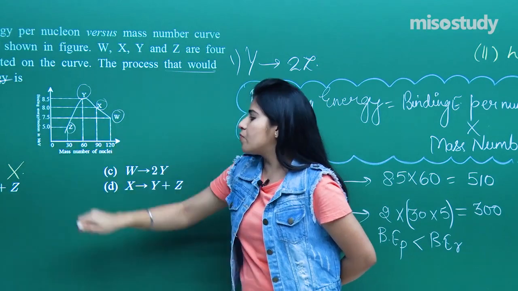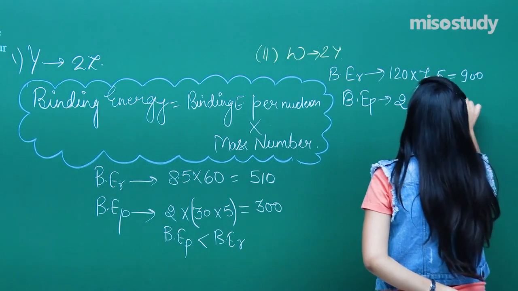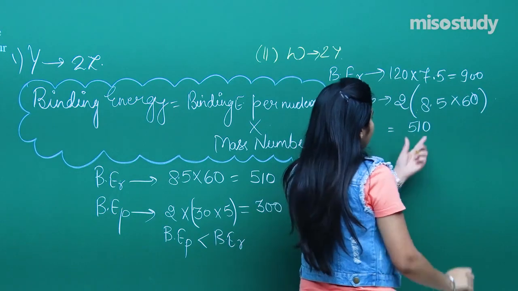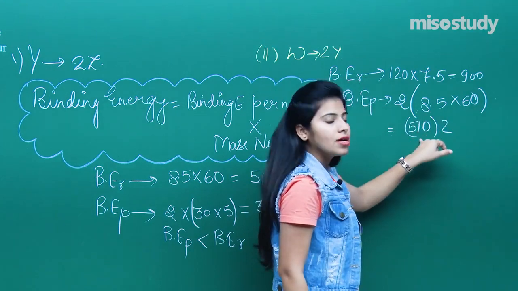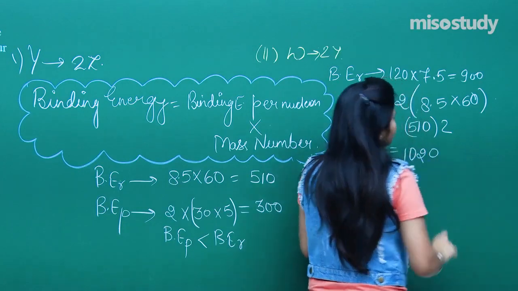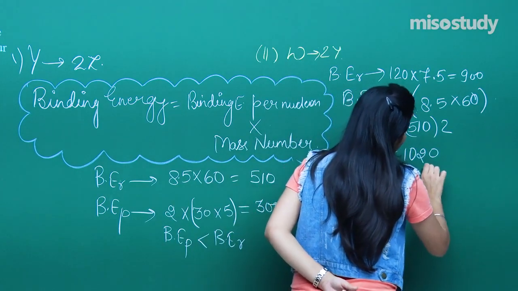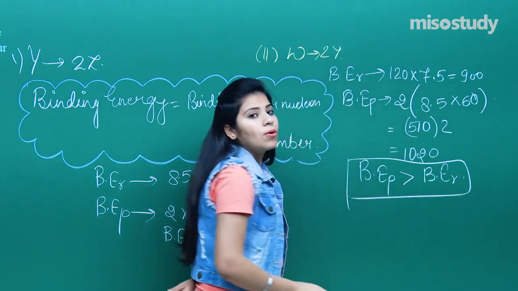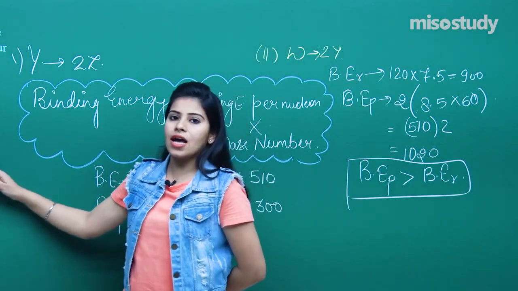So multiply this 8.5 by 60, you will be having 510, multiplied by this 2. 510 multiplied by 2 will be 1020. That means you have seen that binding energy of product has come out higher than the binding energy of reactant. In this case, we can say that energy is going to be released. So that means this is the correct option.